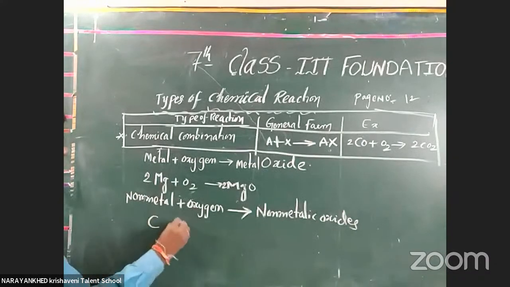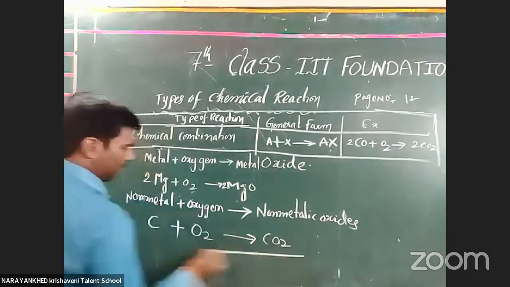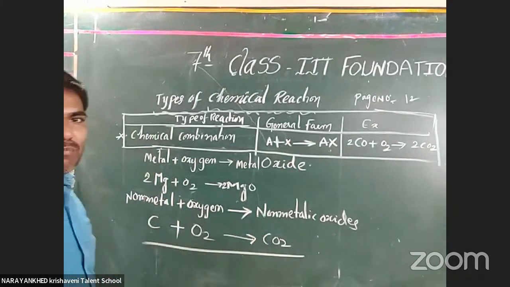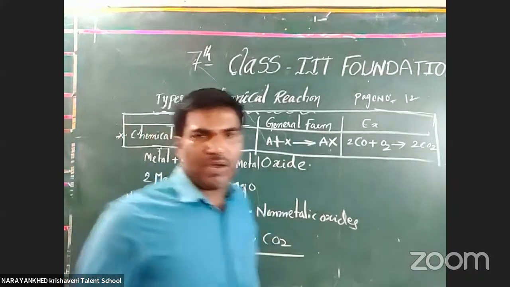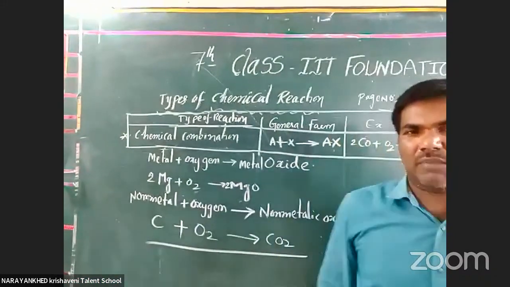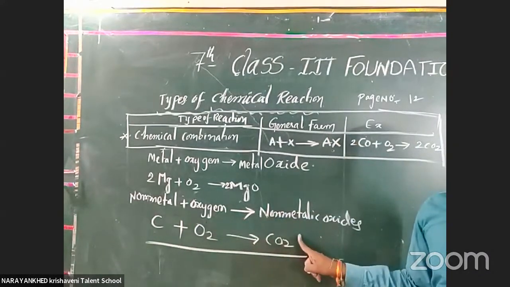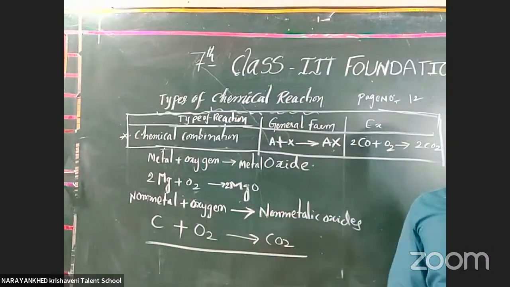As carbon is combined with oxygen, it's formed as carbon dioxide. This is a non-metal actually. Okay, clear or not, all the students? Carbon is not a metal, it is a non-metal. It is formed as a non-metallic oxide. Clear or not, all the students?